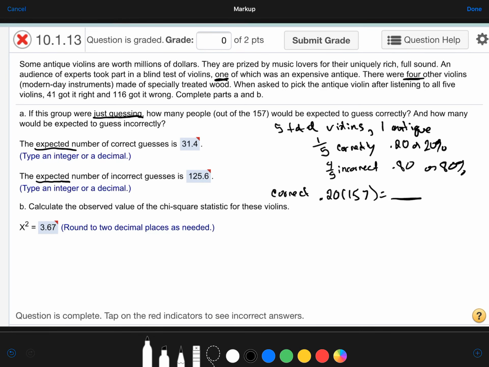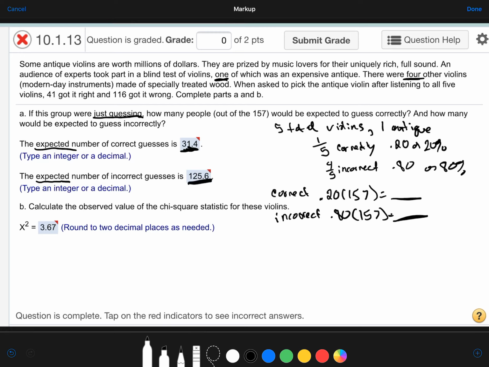That gives you this first value. And then incorrect would be the other 80%, which gives us this value right here. So that's how you calculate your expected number of correct and incorrect. You just figure out what the percentage is and then multiply it by the total that you've got.